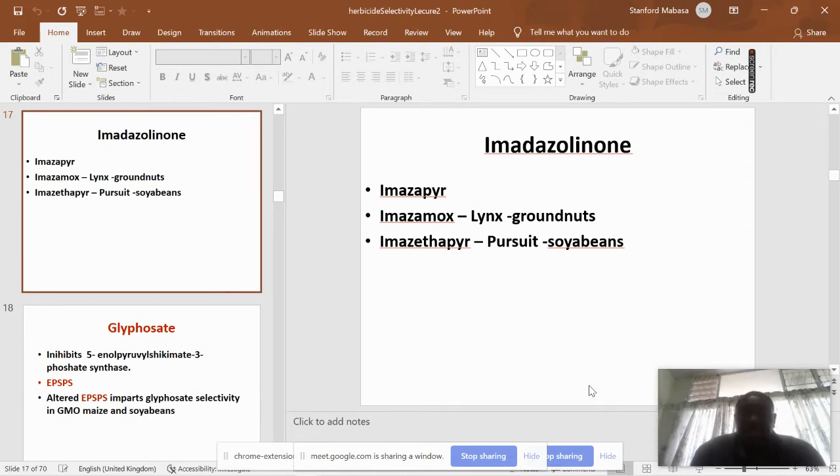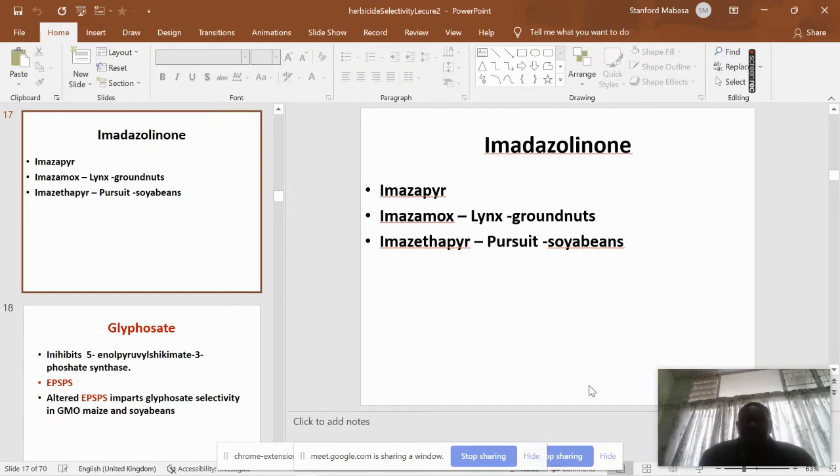Now, in the imidazolinones, where we have imazapyr, I know imazapyr can kill almost everything. Although we can use it to kill striga in imazapyr-resistant maize. Imazamox, which is lynx, is used in groundnuts. Groundnuts can survive because they possess enzymes which do not bind to imazamox.